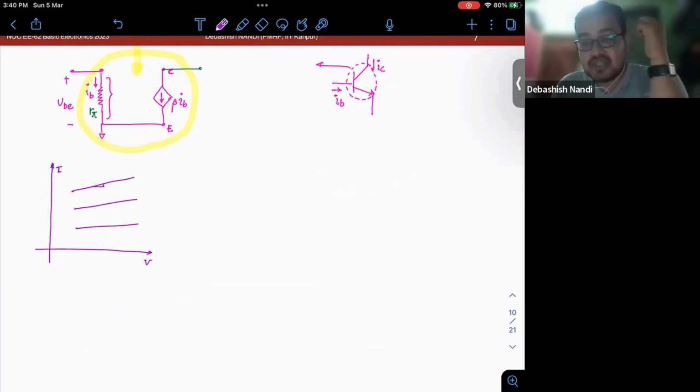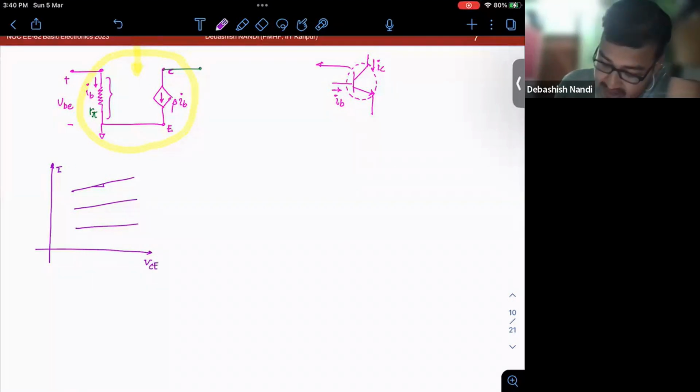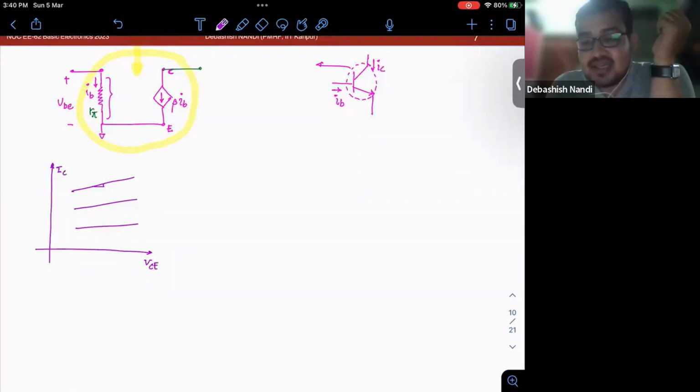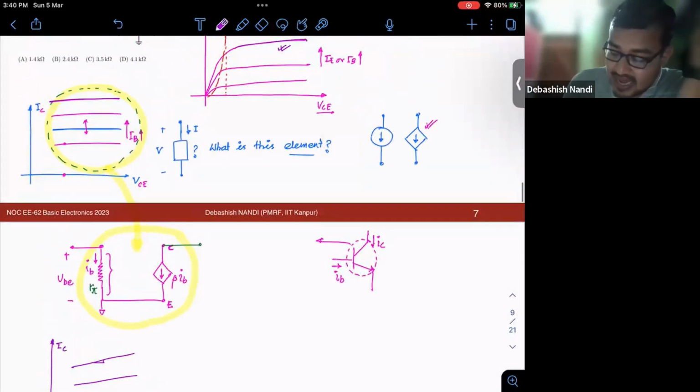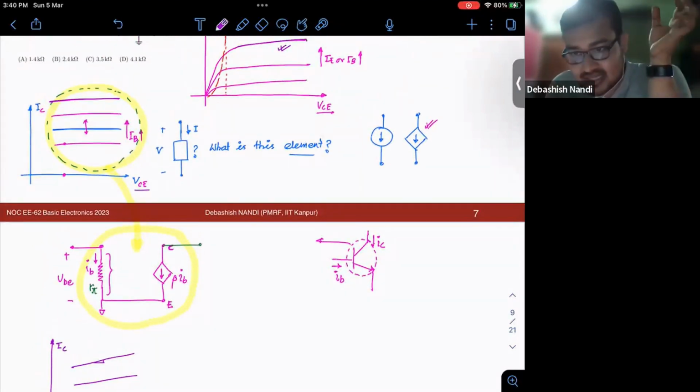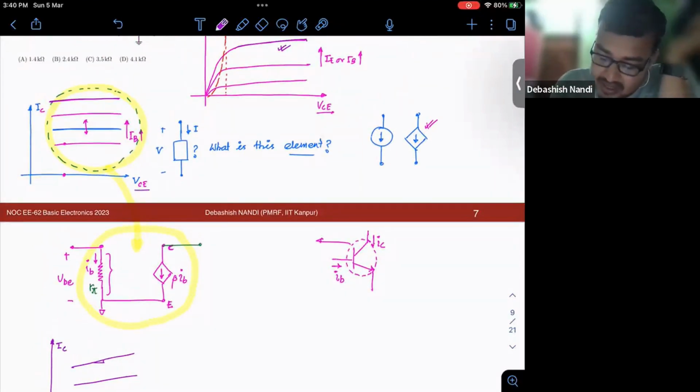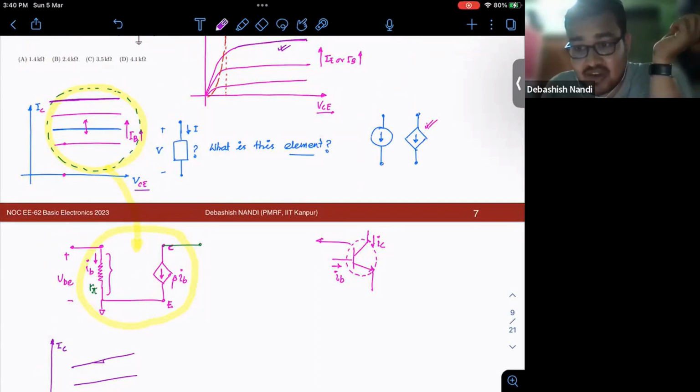How to take care of this? What does that mean actually? That means between my VCE and IC there is a certain resistance, right? One thing is that I change VCE and my current is constant for a particular value of VB, a particular value of IB.